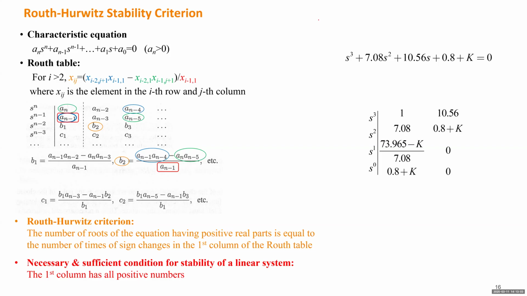This one will be equal to, let me just draw this, 7.08 multiplied by 10.56 minus 1 times parentheses 0.8 plus K.